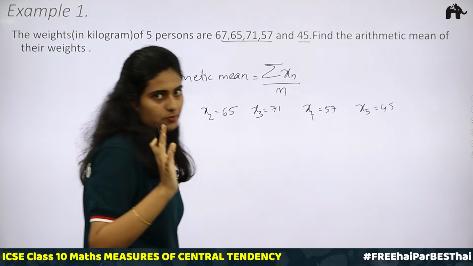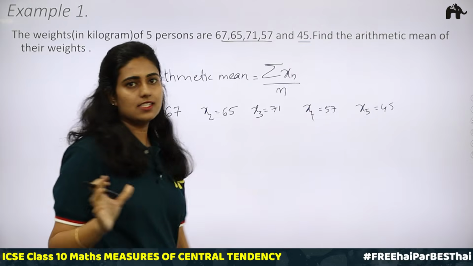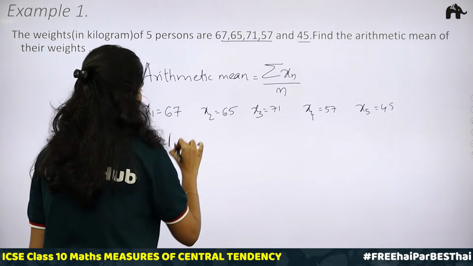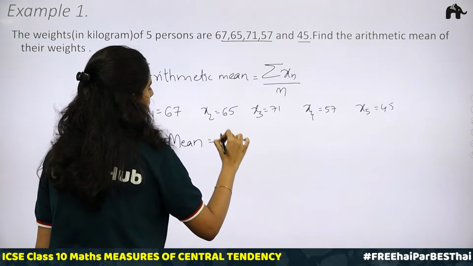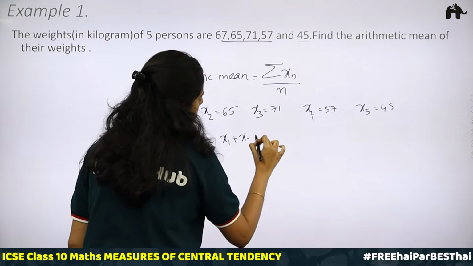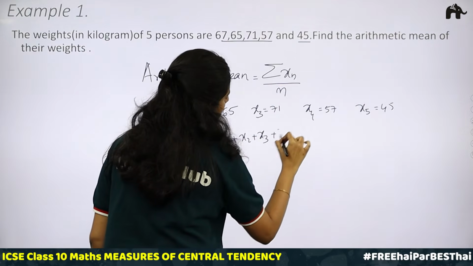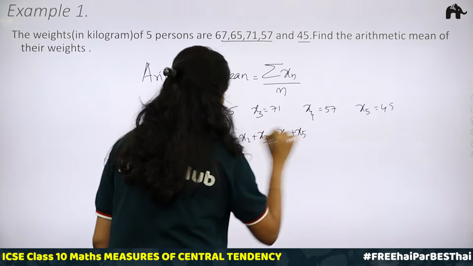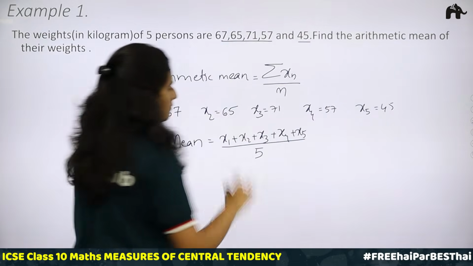We have 5 values. Okay, and the n in this case is equal to 5. Therefore, arithmetic mean is equal to x1 plus x2 plus x3 plus x4 plus x5 whole divided by 5.